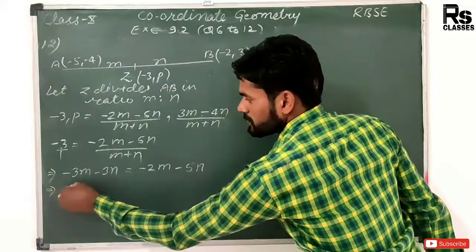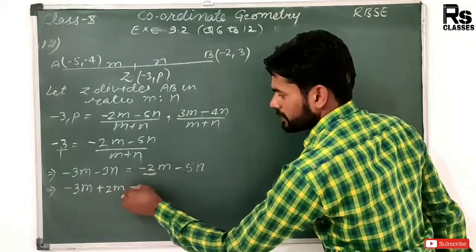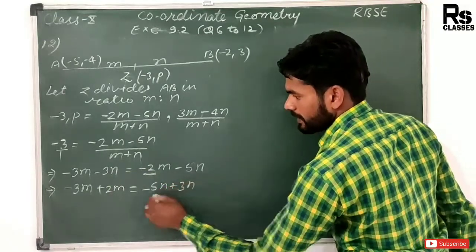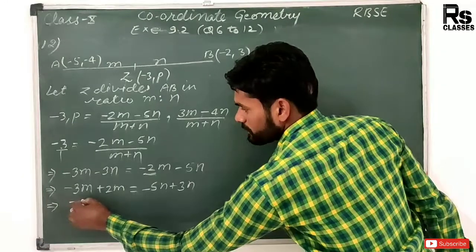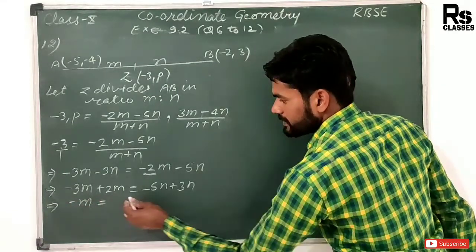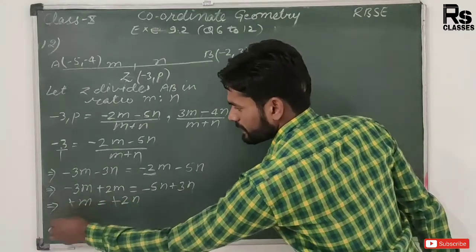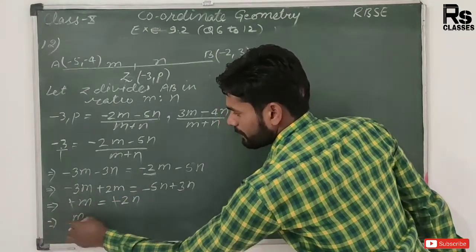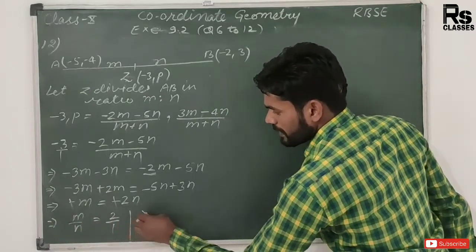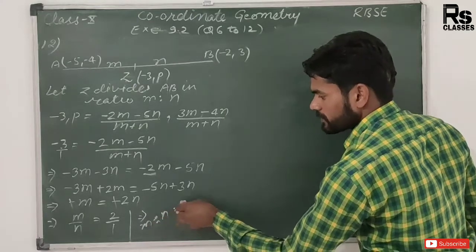Transpose the like values. -3m plus 2m is equals to -5n plus 3n. It is equals to -m is equals to -2n. Minus cancels by minus, which implies that m upon n is equals to 2 upon 1. Finally, m ratio n is equals to 2 ratio 1.